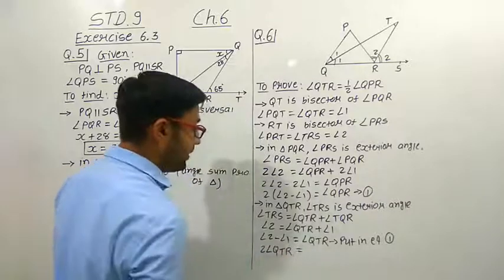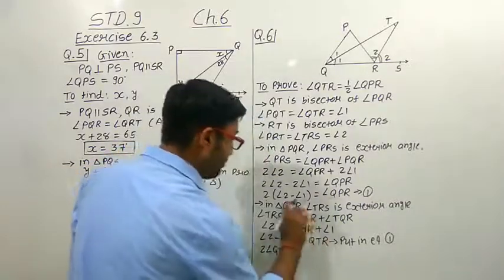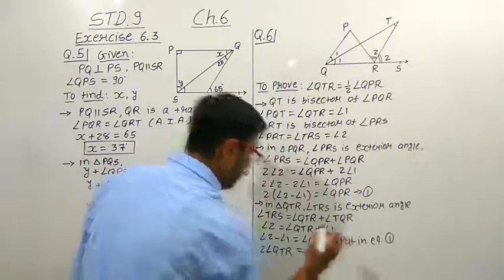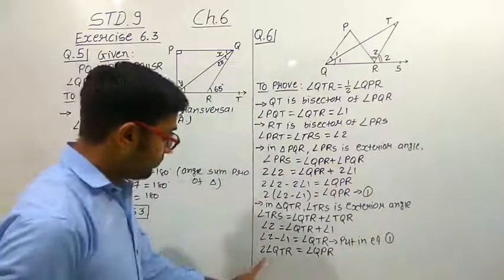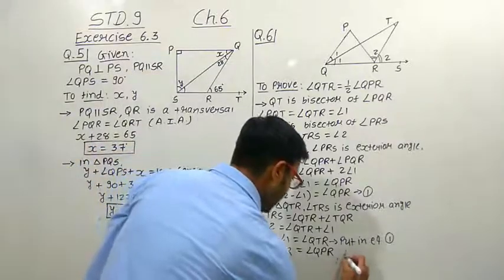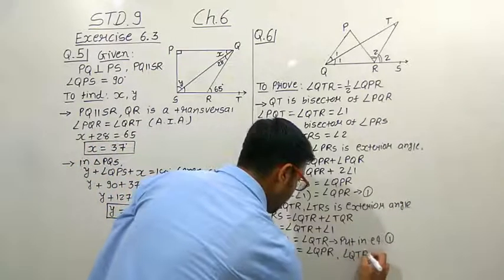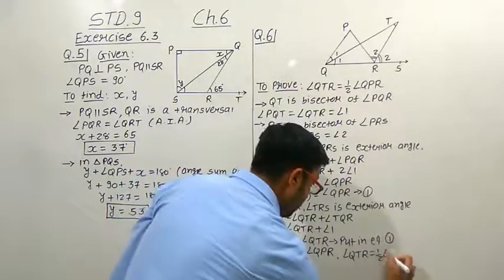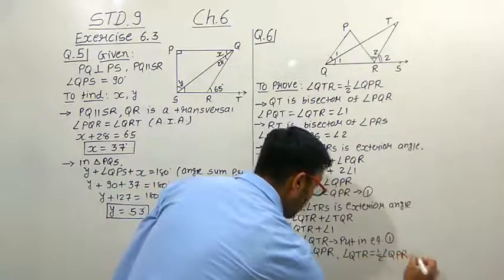And on the right hand side we have angle QPR. Now when we take this 2 to the right hand side, what will happen? We get angle QTR equals 1/2 of angle QPR.